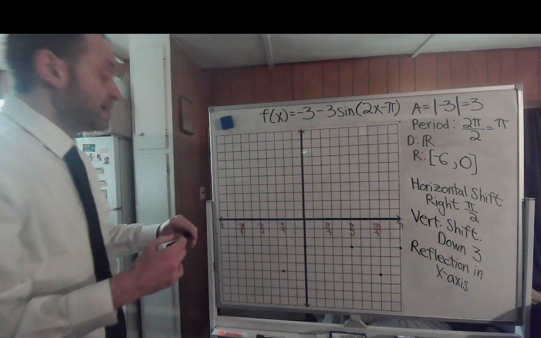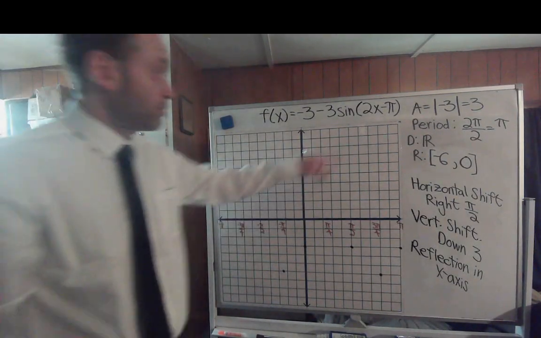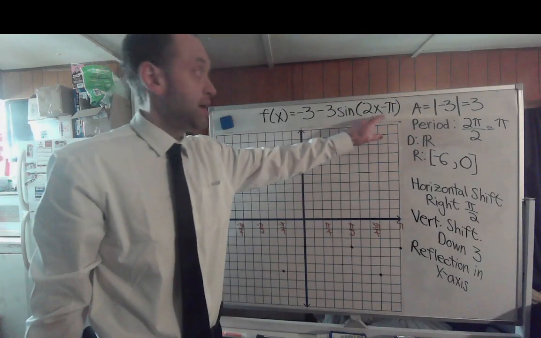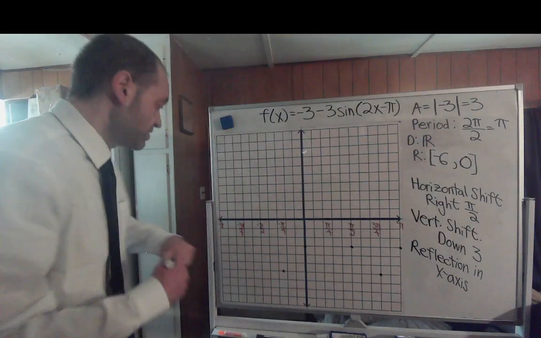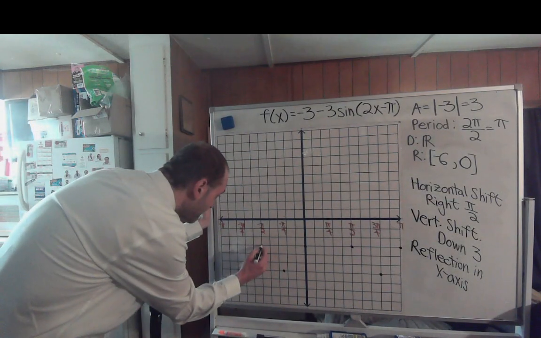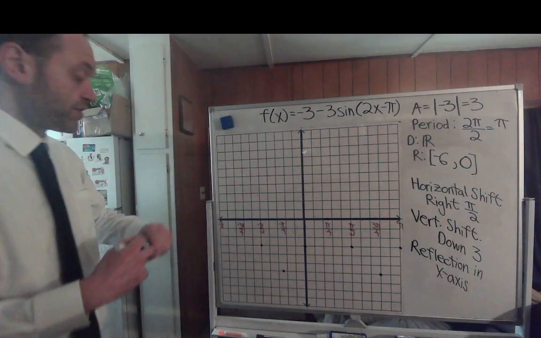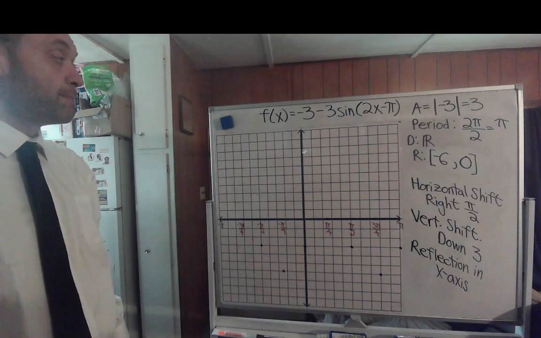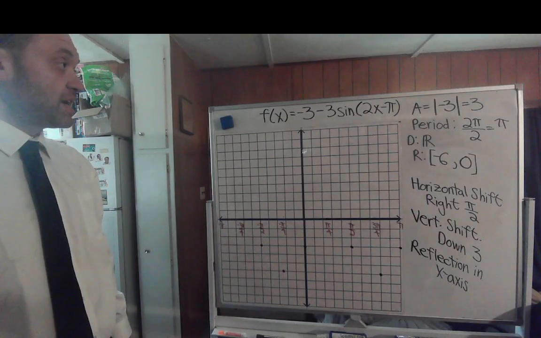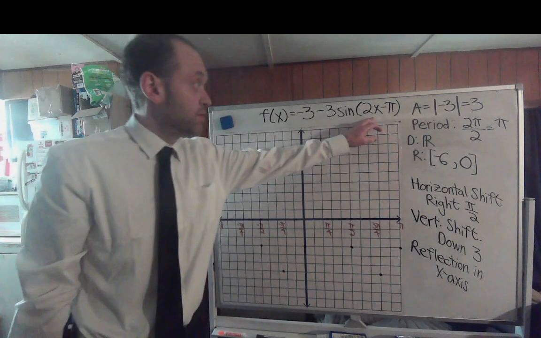Now let me take negative pi over 2. That would normally give me the sine of negative pi minus pi. That's the sine of negative 2 pi. That's 0. Then minus 3 is negative 3. Alright, negative 3 pi over 4. That's normally going to give me the sine of negative 3 pi over 2.